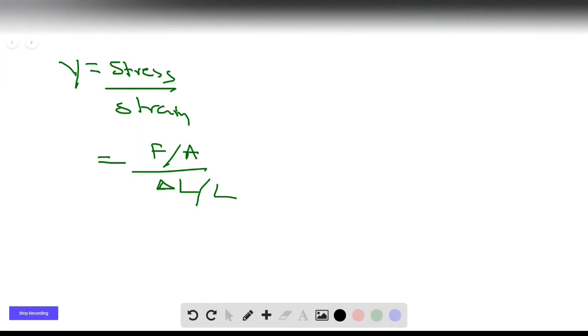Now we are in a position to plug in the specific numbers in the problem. We can rearrange the problem, or we can plug in the numbers right away. I think it's helpful to rearrange the problem. So this one means that the force and the original length come at the top, and then we have delta L and the area in the denominator.